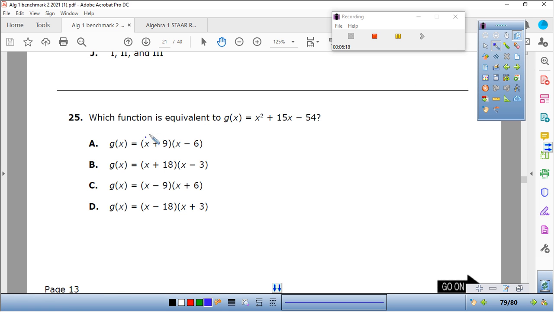Remember the FOIL, the first thing? Each one of these gives you x squared. Then check the last one. They all multiply to give you that. So you'd have to actually FOIL them all to get that. Hold on.